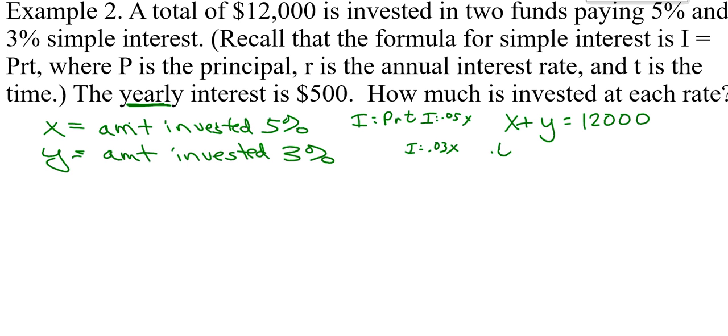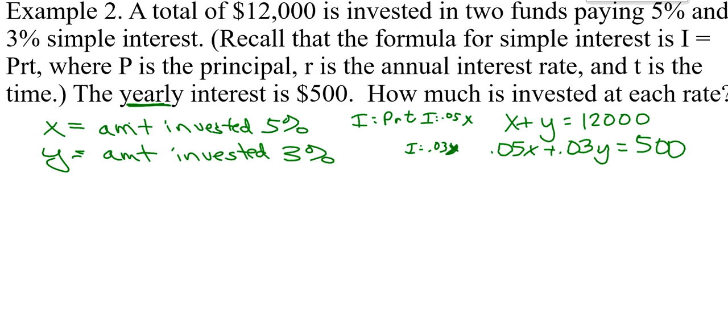So 0.05x plus 0.03y equals 500. Do you agree with that? Oh, this one, yes, my bad. That one doesn't even really look like an X. So that's an X and a Y.